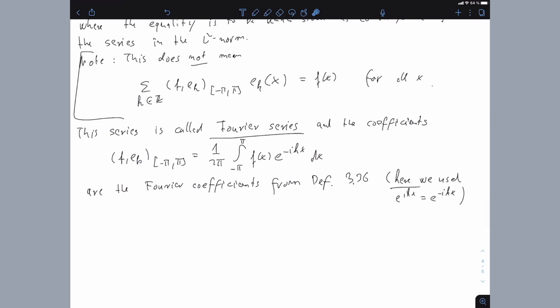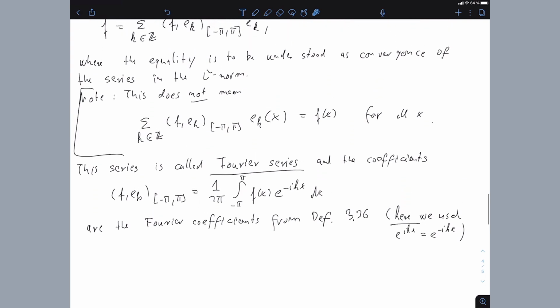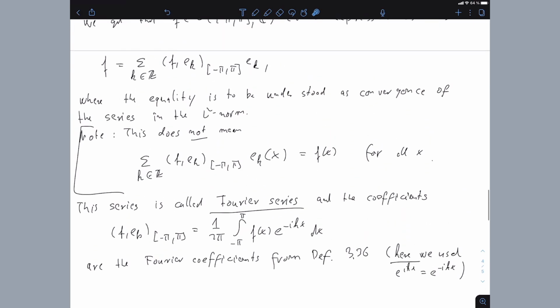So in this sense, you can see that there's a very strong connection to the Fourier transform. And this here now looks more or less like the inversion formula, because you get back f from the coefficients.